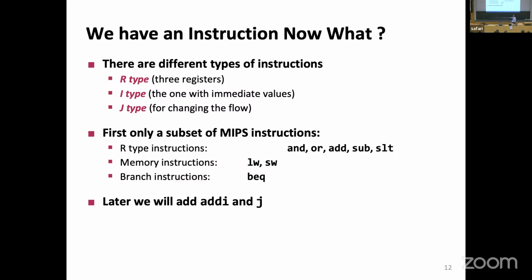Anyway, what we wanted to do, and what we will do and did and do again, is to talk about a subset of MIPS instructions as a placeholder for most of the others. So we will cover the simple and, or, add, subtract, as well as the set less than, the memory instructions, load word, store word, branch equal to, and then discuss a little bit how we can also add more complex things.